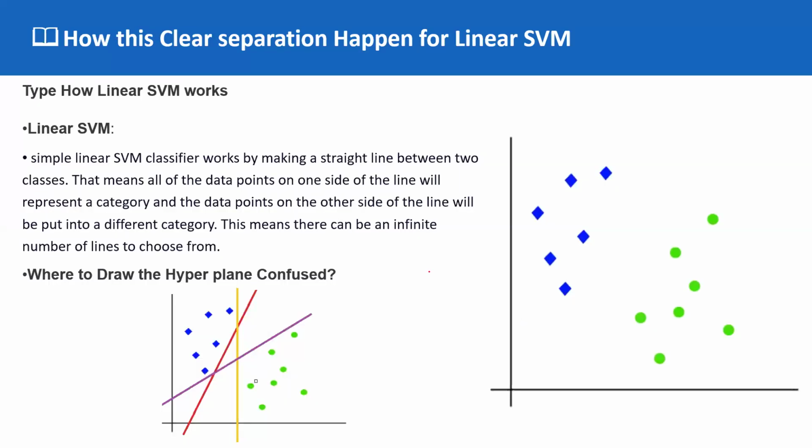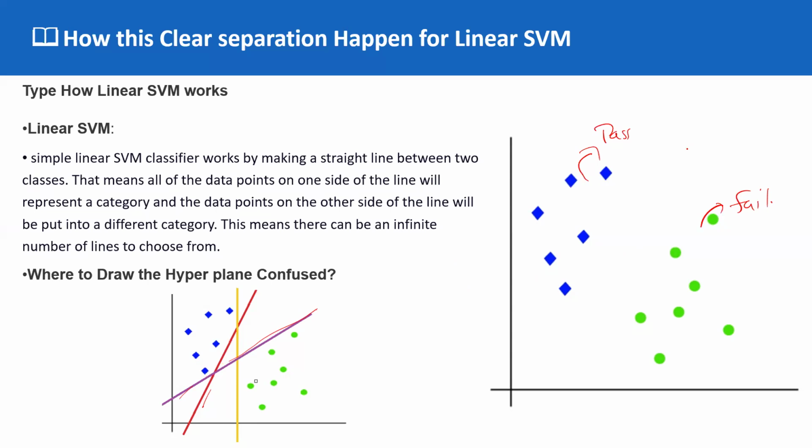Let's see how to do this clear separation, right? These guys are, let's say, pass. These guys are fail, right? So where do we draw this optimal hyperplane? Here, here like this, or here? We don't know, right? It's a little confusing. This is what we need to understand.